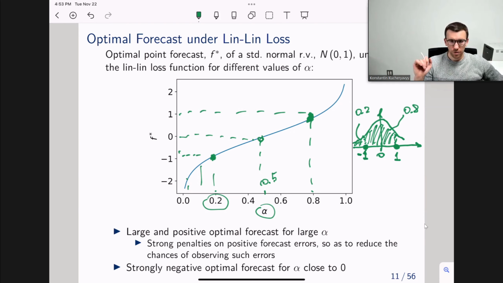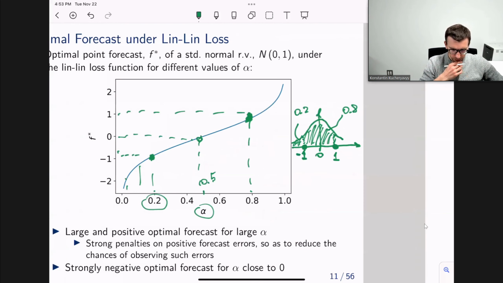So this closes this example, and this was just to give you an idea how we impose a different loss function and we get a very different decision rule.